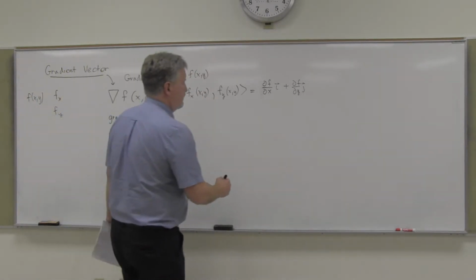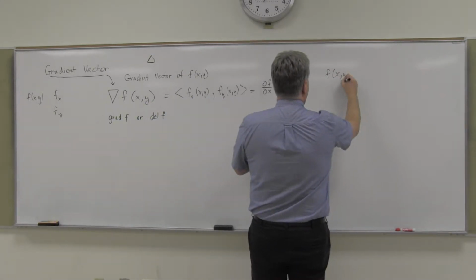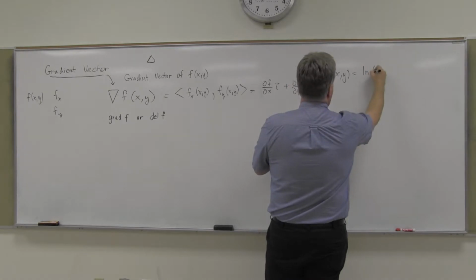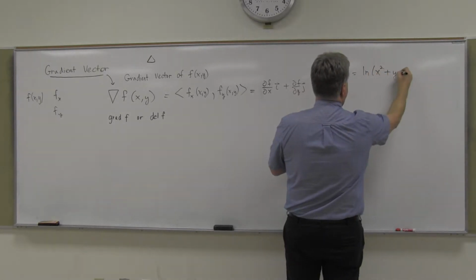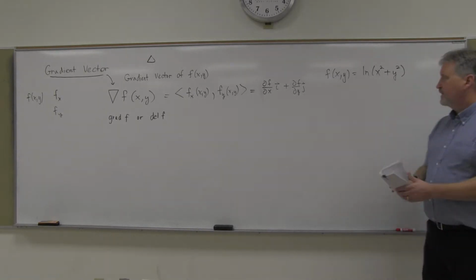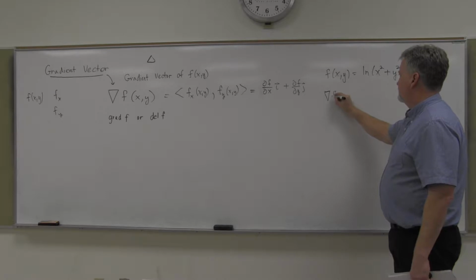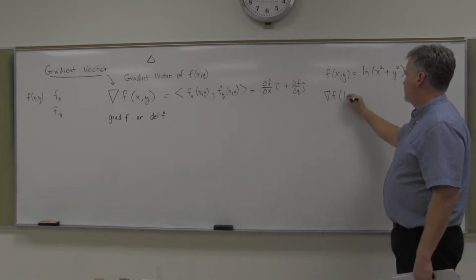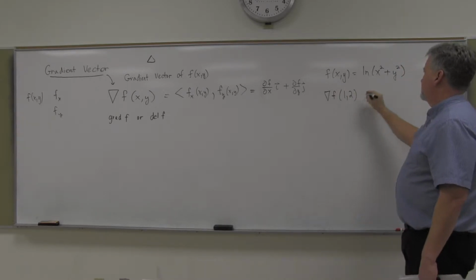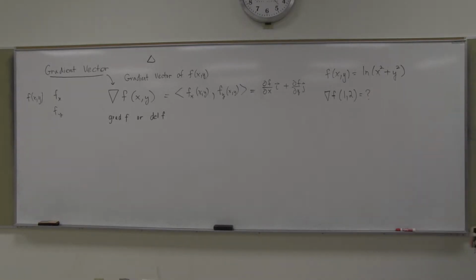All right, so say we've got f of x, y equals ln of x squared plus y squared. And so let's compute the gradient vector of f at 1, 2, or del f at 1, 2. Figure out what that is.